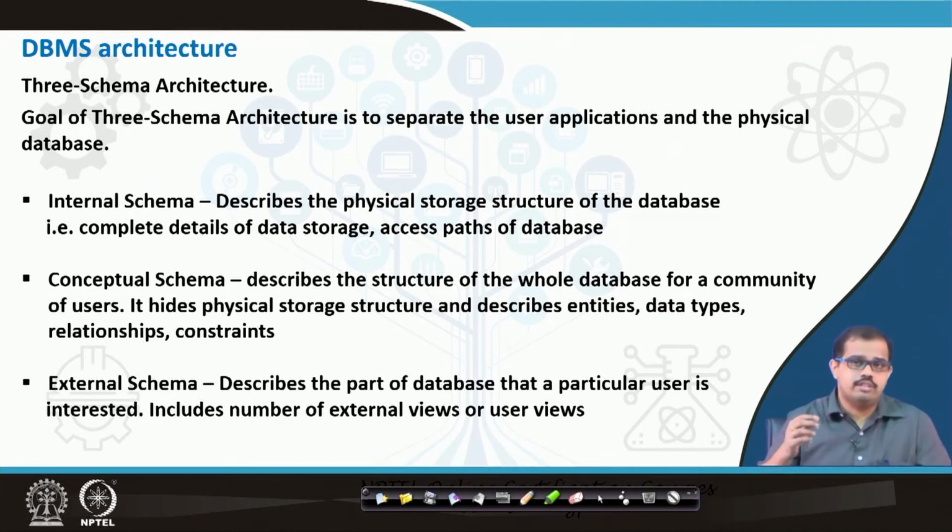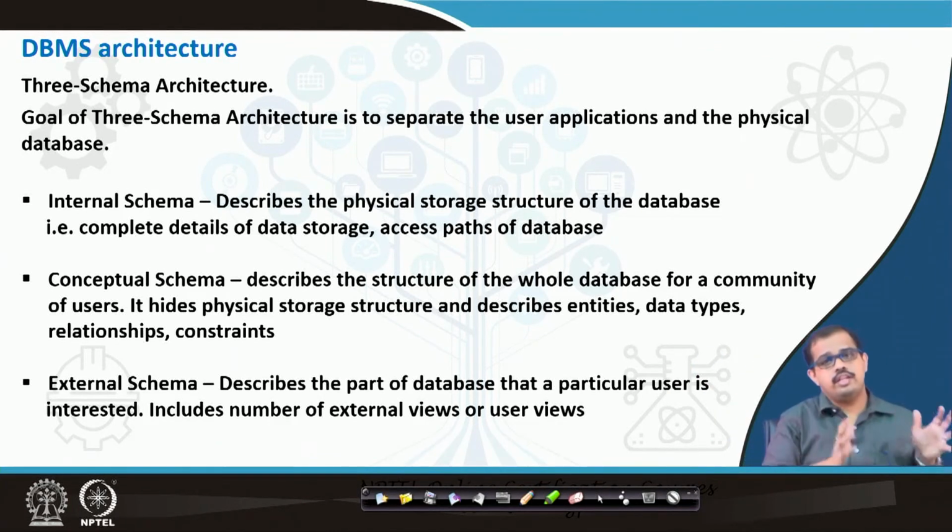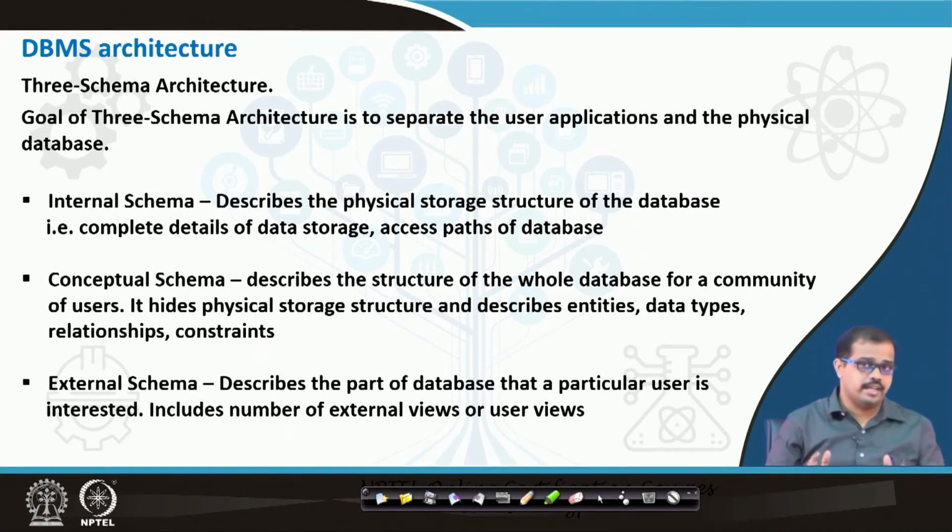For example, if you go into a website, it doesn't tell you in what ways your data has been stored, where it has been stored, or what kinds of data are available, but it gives you a lot of drop down menus or pick boxes wherein you just select some of these and use them for your analysis. That is your conceptual schema, where you don't know how the physical storage has been done, but you know what data are available, how to access it, what the querying mechanisms are, and how to use such data.